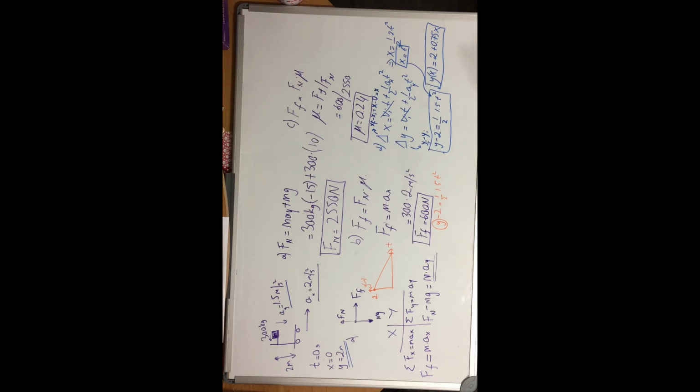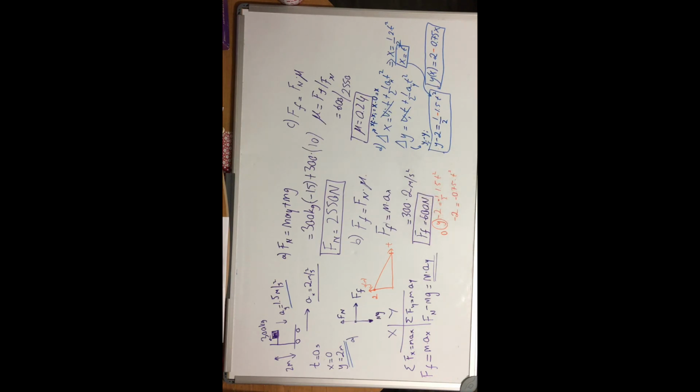I think we missed this part over here. You need to have a negative right here because your acceleration is negative. So this whole thing is going to have this negative. So this is going to be 0. 0 minus 2 is negative 2. And then negative 1/2 times 1.5 is negative 0.75.